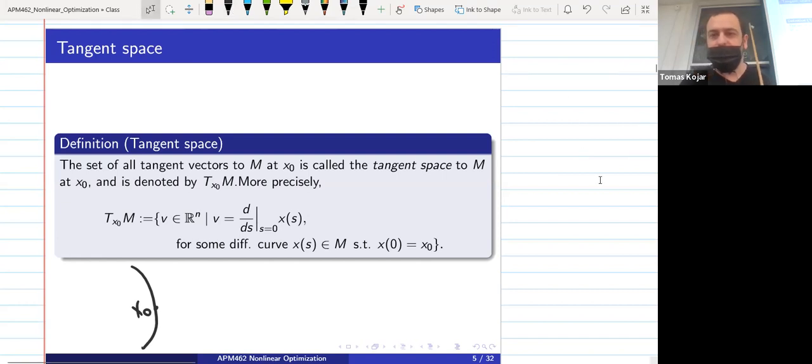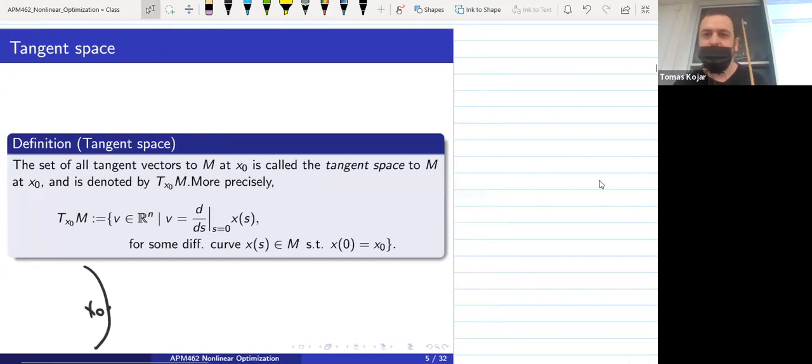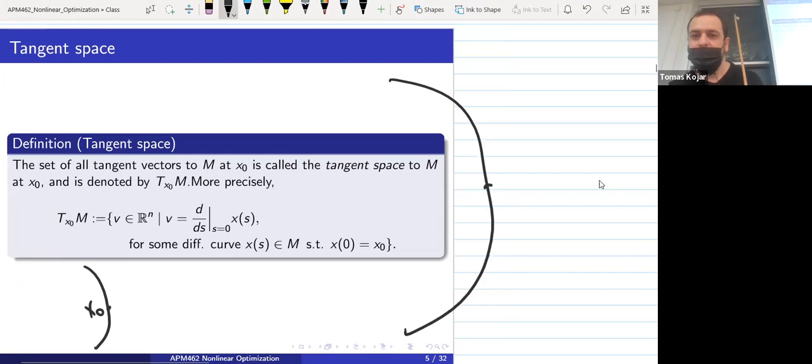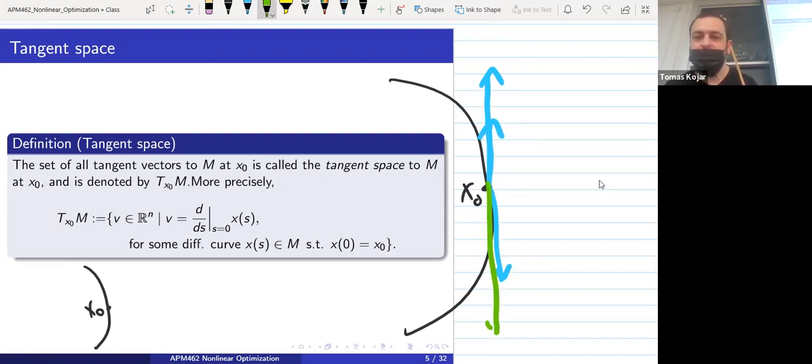Let me draw it really big over here. You will have all kinds of vectors: this is one vector, this is another, and another. These are all vectors tangent to the same point, and they all belong to T x naught M.